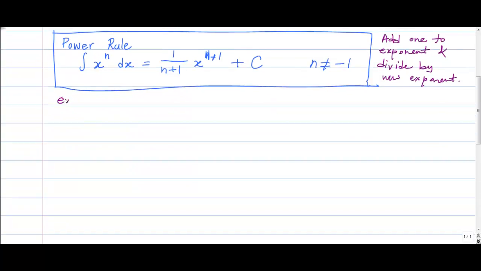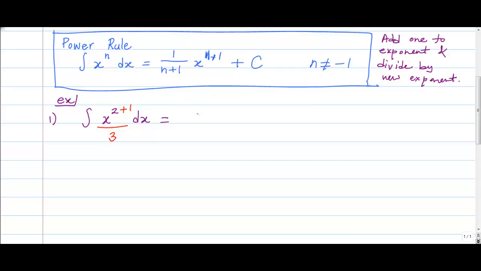Let's do some examples. Let's take the integral of x squared, just like we saw. We didn't see this one earlier, but what am I going to do? I'm going to add 1 to the exponent and divide by the new exponent. So the new exponent is 3.